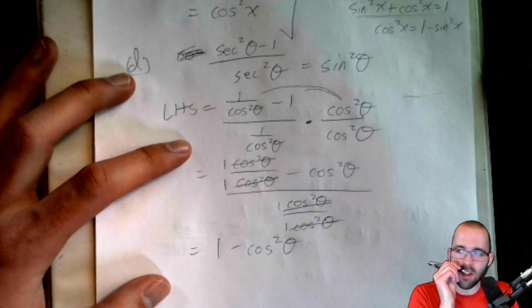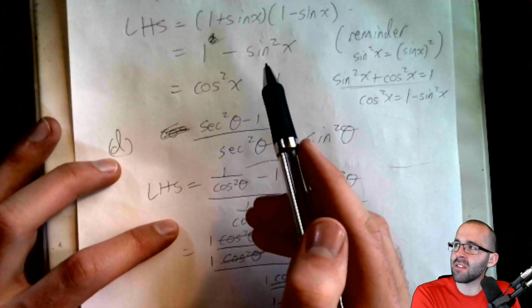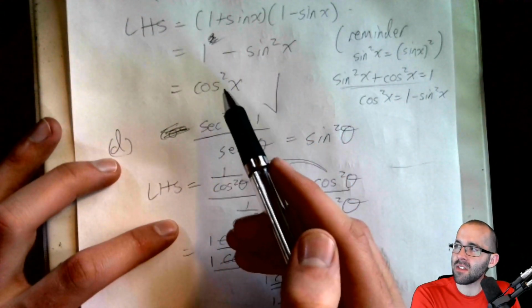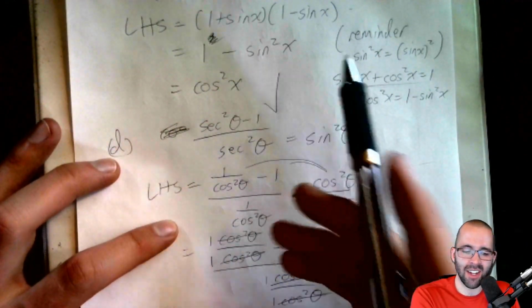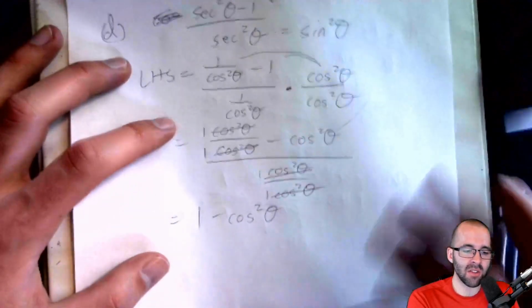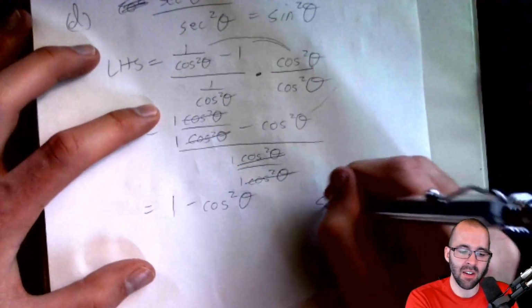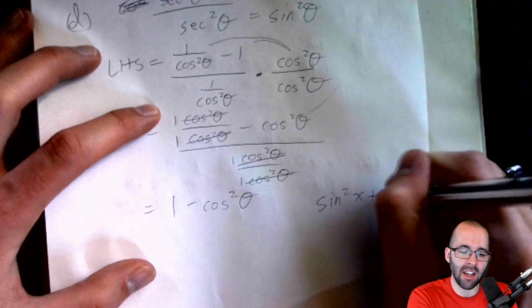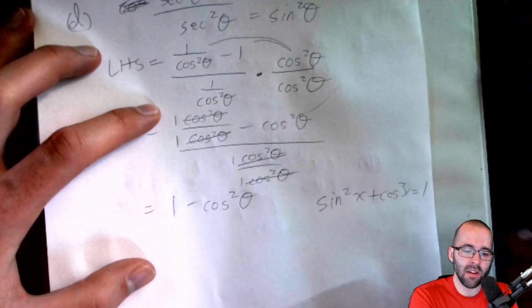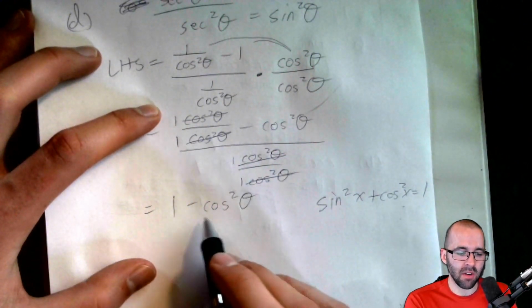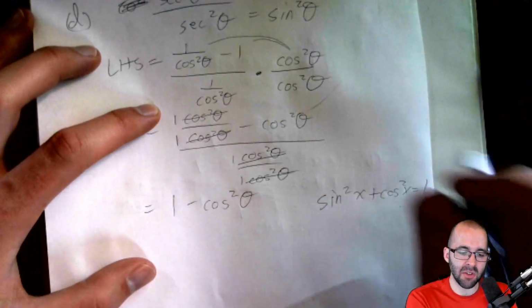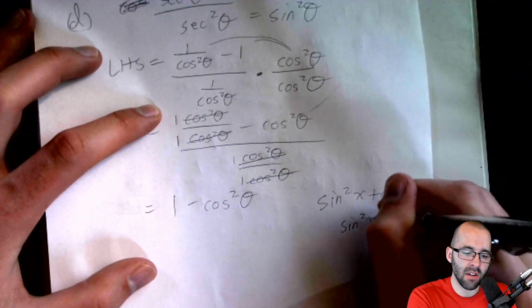And wait a minute, this looks kind of familiar. Earlier we said 1 minus sine squared of theta is cosine squared of theta. We used x's. Here we have 1 minus cosine squared of theta. Could we do the same thing? Let's look at the Pythagorean identity again. Well, 1 minus cosine squared, let's subtract cosine squared from both sides.